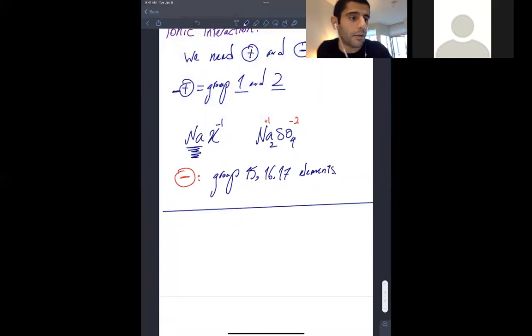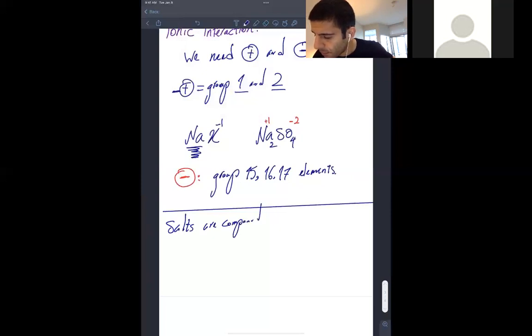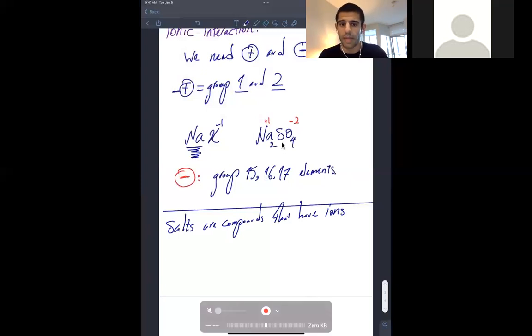Then you're like, well, what is this salt that they keep talking about? Salts are compounds that have ions in them. So technically that's a salt. NaCl is the most common example of a salt.